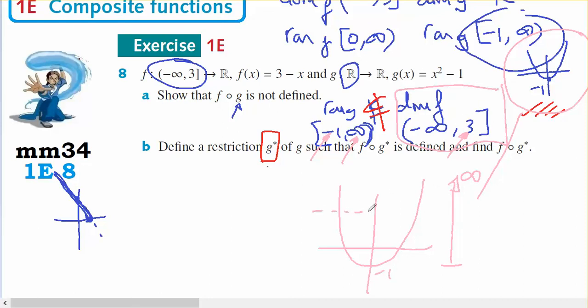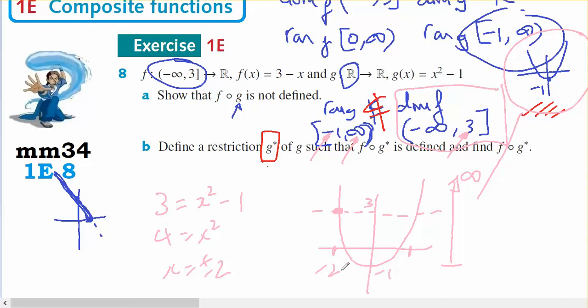So if I could put a limit across at 3 and restrict the domain of G so that it doesn't exceed 3. So 3 equals x squared minus 1, 4 equals x squared, x equals plus or minus 2.